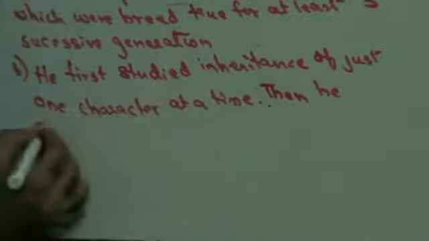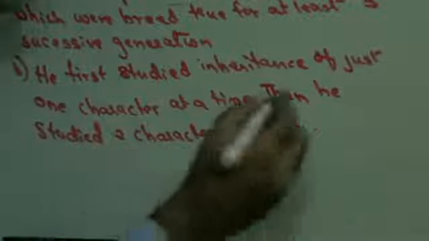First he finished the entire study on one character. While he was doing the second character, he took the first character also into consideration. Then he studied 2 characters together, and then 3.